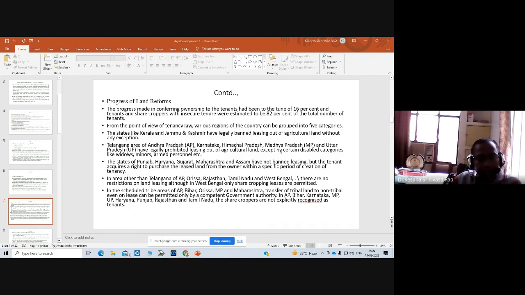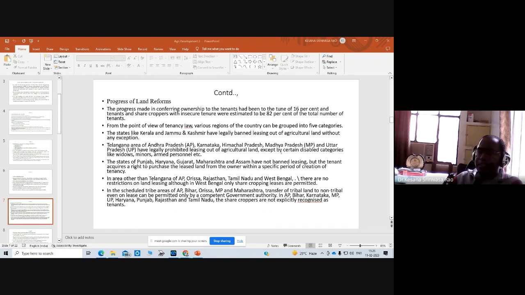That's why he can give that land to another person for cultivation. After production of the crop, he receives a share. There are different types of tenancies, different types of rents that used to exist earlier.